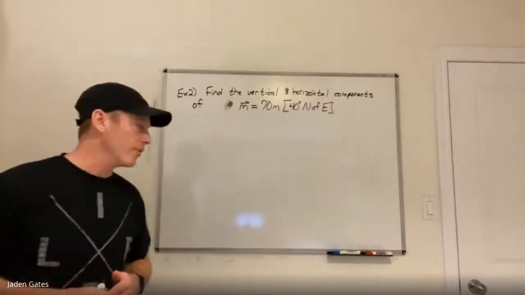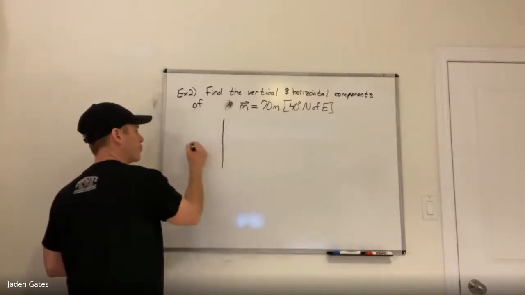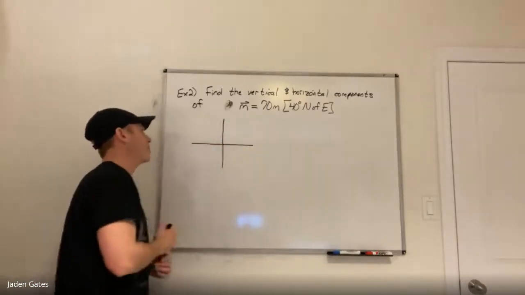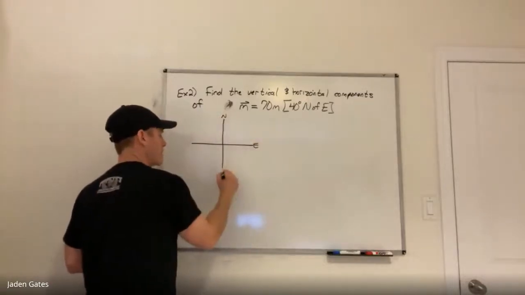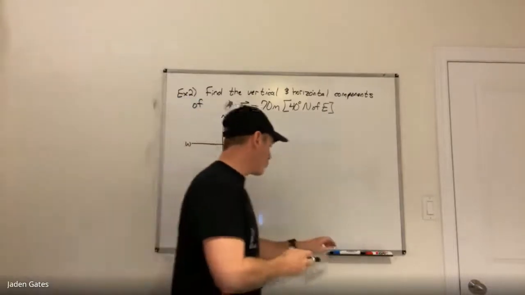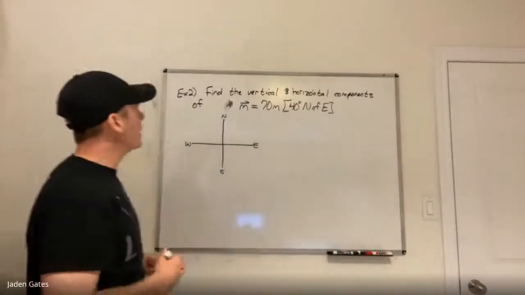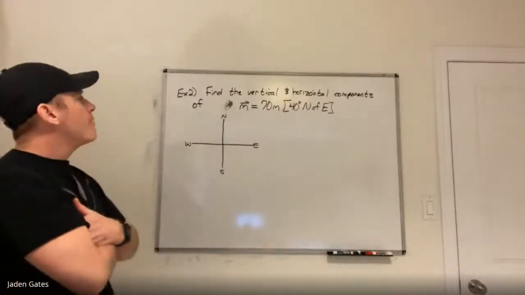So once again, I'm going to draw a sketch. That helps me out definitely with directions and just with my trigonometry. Get my compass rose right here, so never enter stinky washrooms. All right, so now again, I'm going to draw my vector. It says 70 meters, so that's the magnitude, the size of it. 40 degrees north of east.